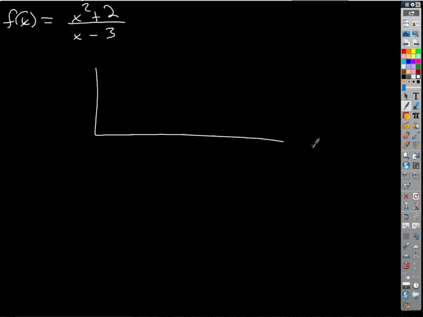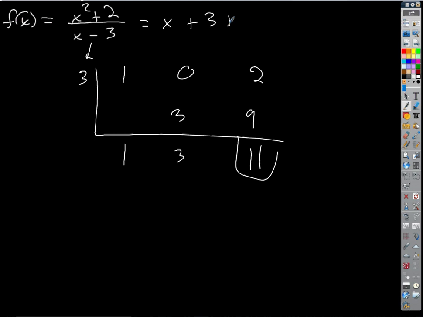We don't need to nest it or anything. What goes out front? 3. What are my coefficients? One, 0, 0, 2. Okay. So I get 1, 3, I add synthetically, right? 3, 9, 11. Okay. So then that means this equals what? x plus 3 plus 11 over x minus 3.